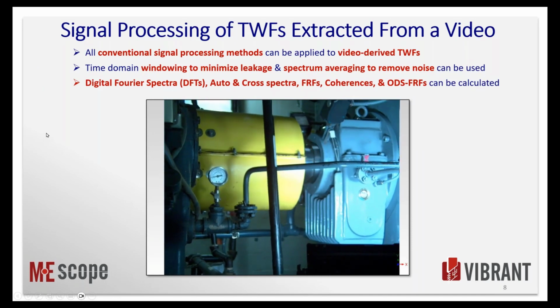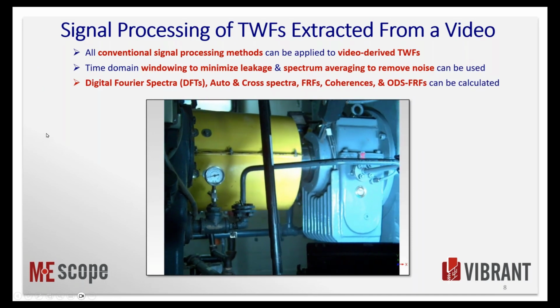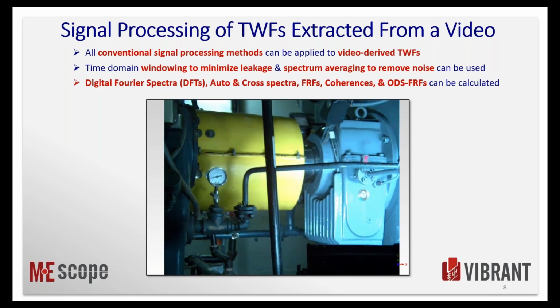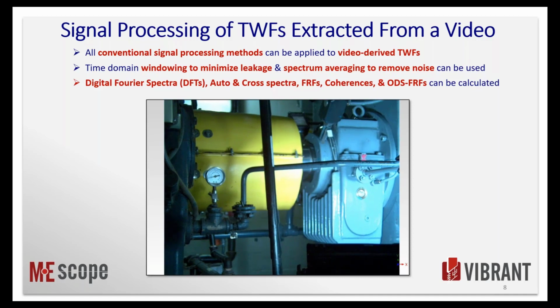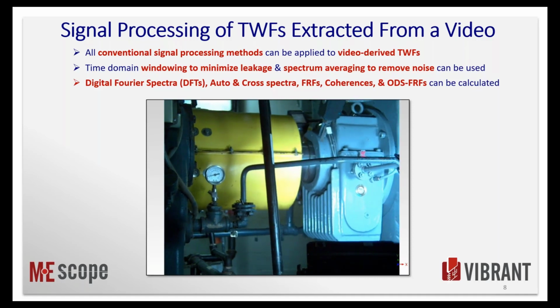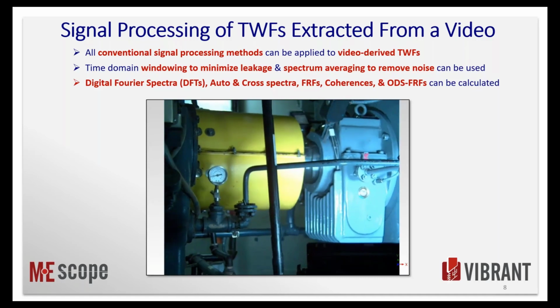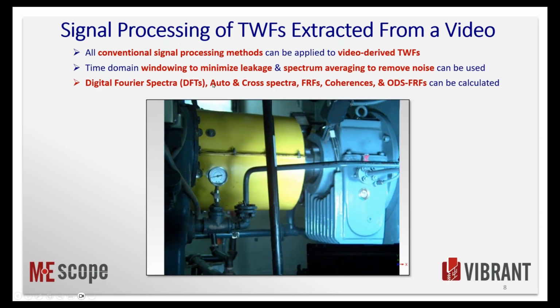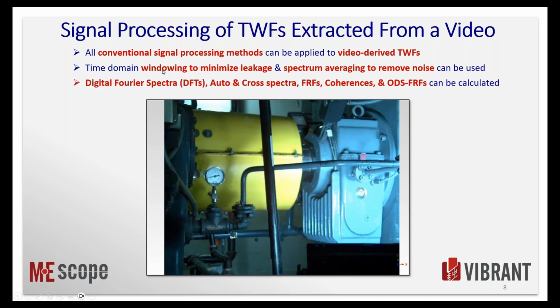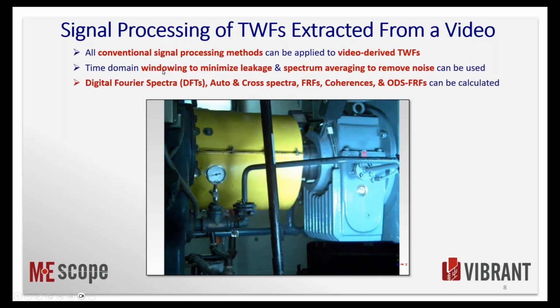The other advantage of extracting time waveforms from a video is that we can use all the normal signal processing methods that we use with accelerometer data that's been digitized from accelerometers. We can do time domain windowing, the Hanning window.